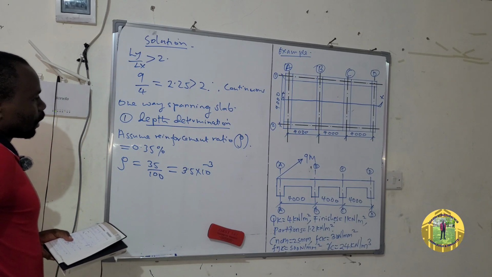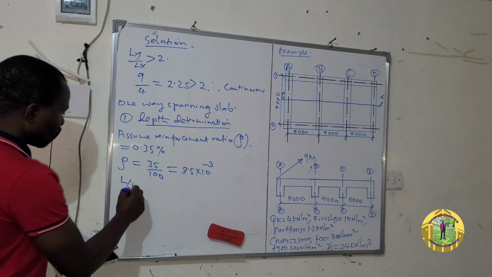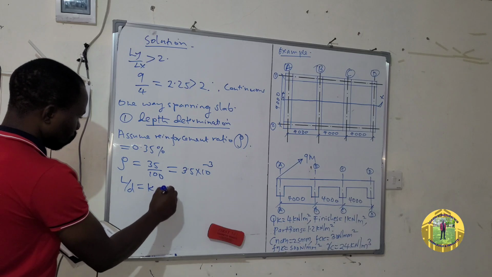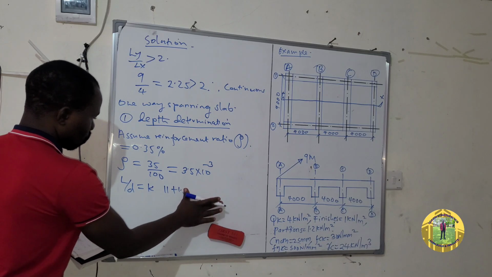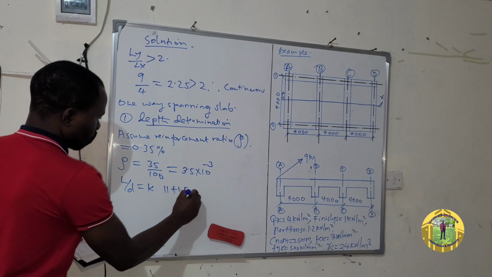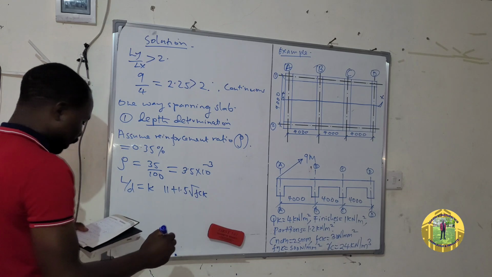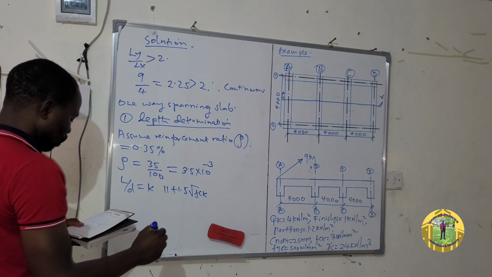So to determine depth, you need this formula. L over D is equal to, and this is expression 8.32 of Eurocode 2.